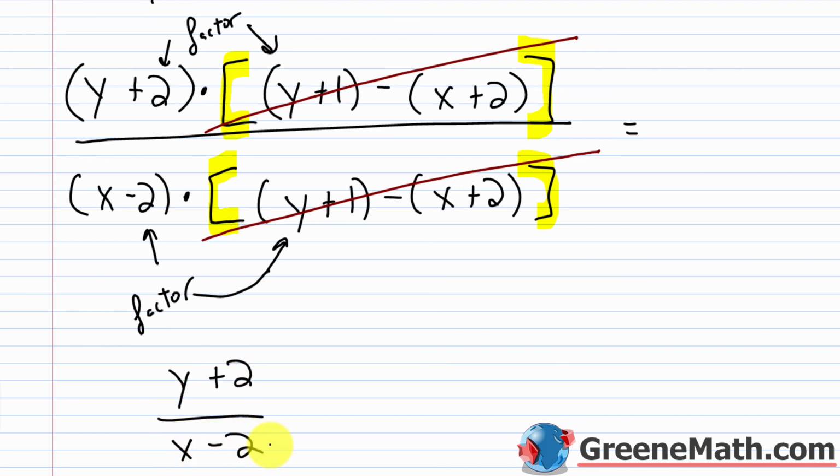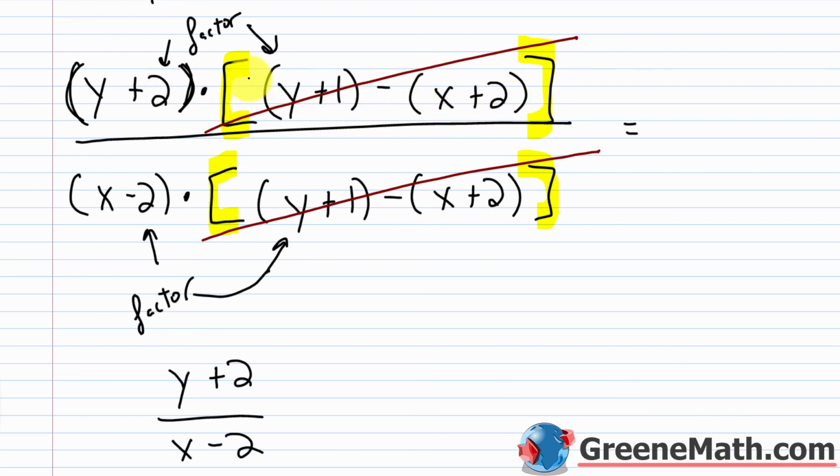And again, I know that when you first start doing this, particularly in Algebra 1, it's kind of the first time you're introduced to these concepts, it can be very confusing what you can cancel and what you can't. Again, if you're only looking at multiplication, so in other words here, this quantity y plus 2 is multiplied by this quantity, which inside has the quantity y plus 1 minus the quantity x plus 2.